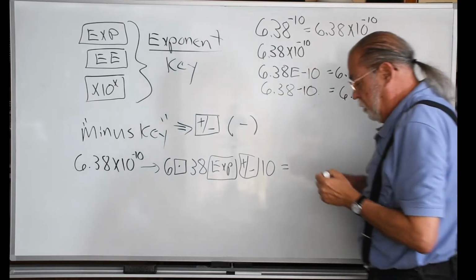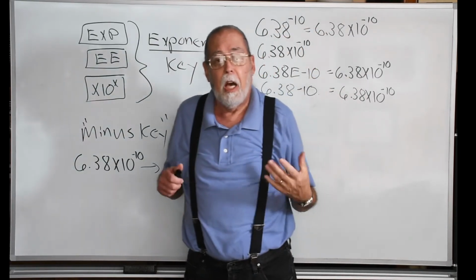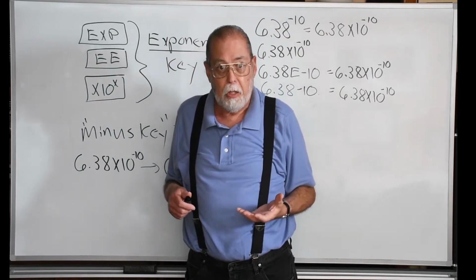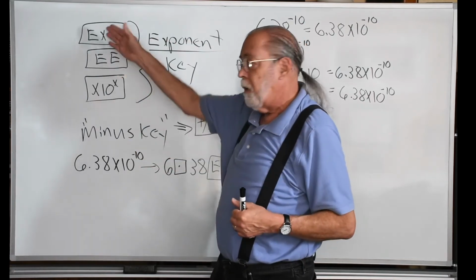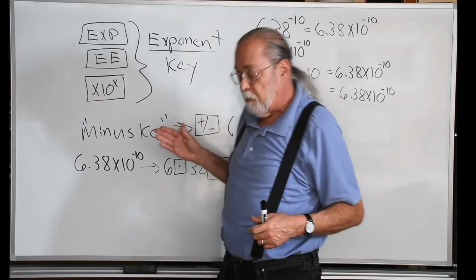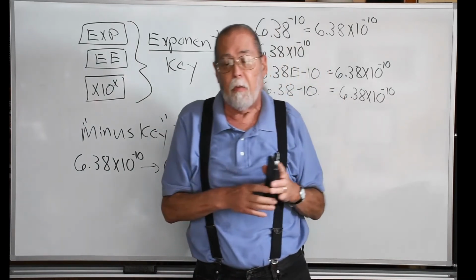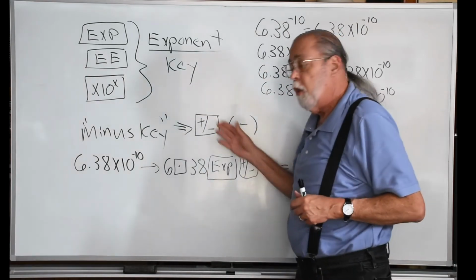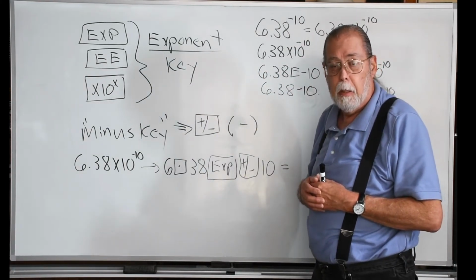It is up to you to figure out on your calculator how to do these. The keys vary, but figure out which ones you've got. Sometimes you may have to push the shift or the second button on the calculator in order to get that function.